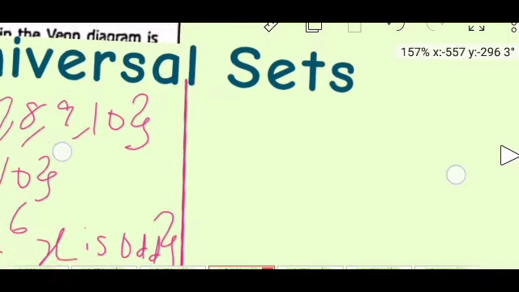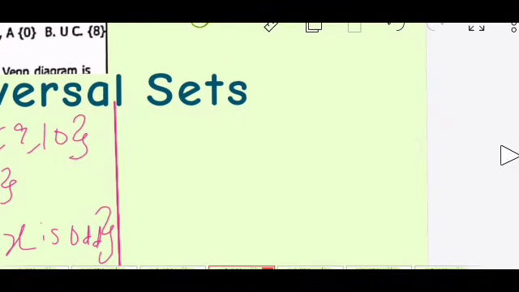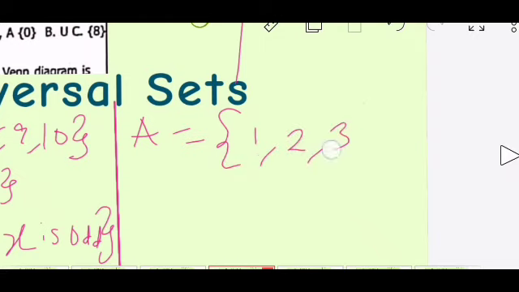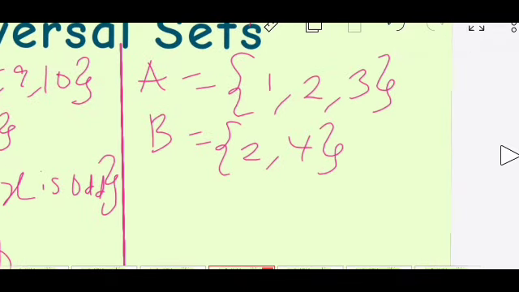The second set is B, and B equals 2, 4. The intersection of these two sets is 2. The reason is that intersection of sets is a process whereby you look at what is common in the two sets, and in these two examples, you get 2 as your value.